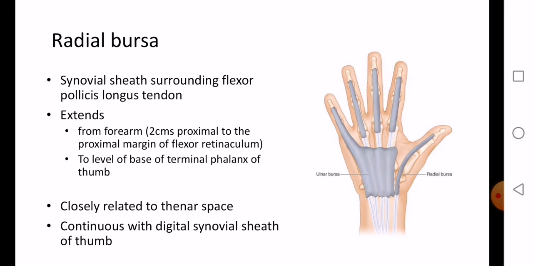It extends from the forearm 2 centimeters proximal to the proximal margin of the flexor retinaculum to the level of the base of the terminal phalanx of the thumb. It is closely related to the thenar space and it is continuous with the digital synovial sheath of the thumb.